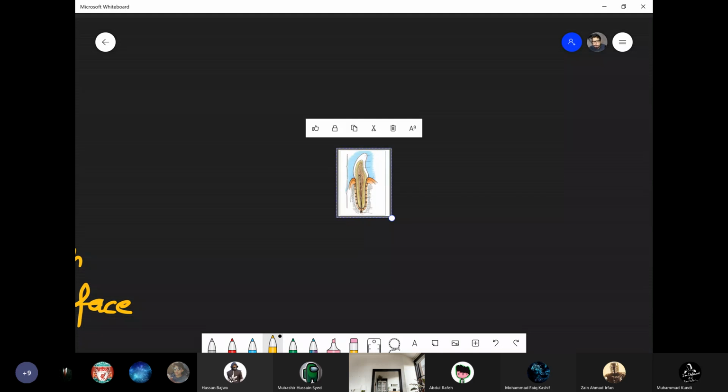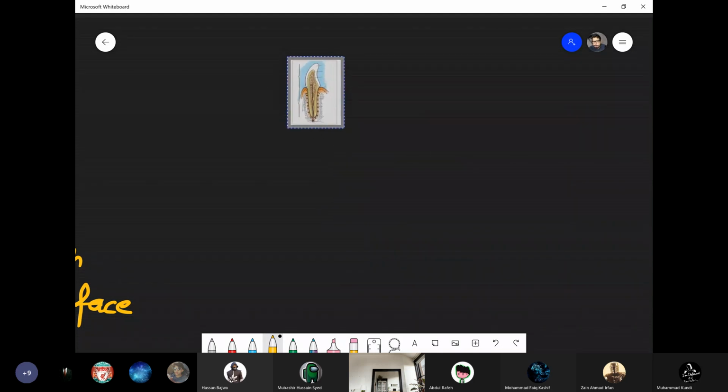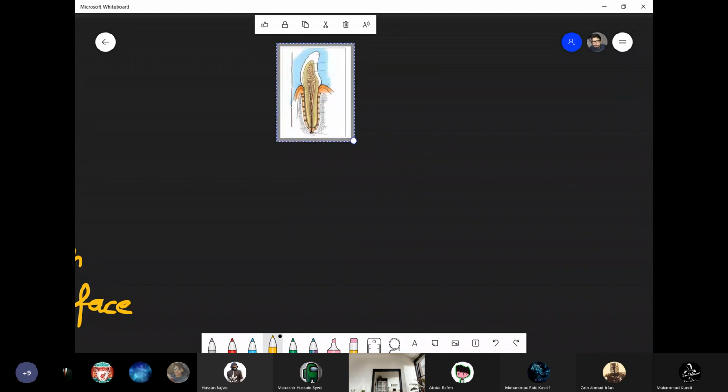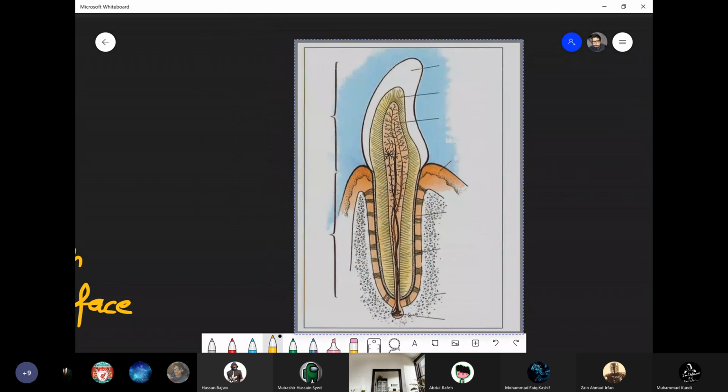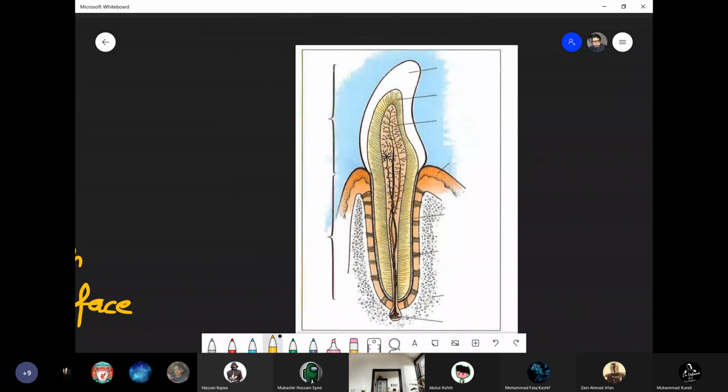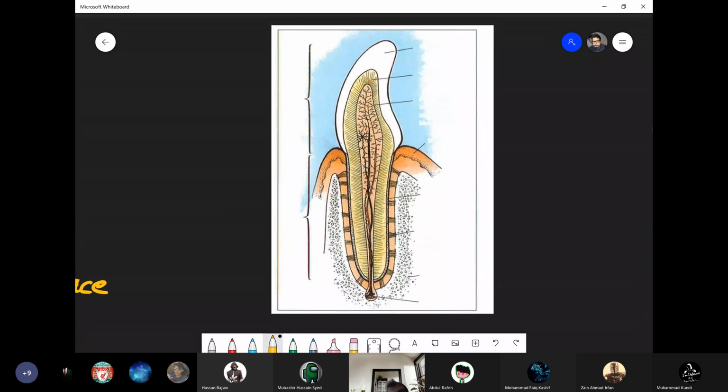Now, here we have the diagram of a tooth. Right, boys? If you observe, there are two parts of the tooth, one which is visible, which is outside, and the one which is buried in the jaw.